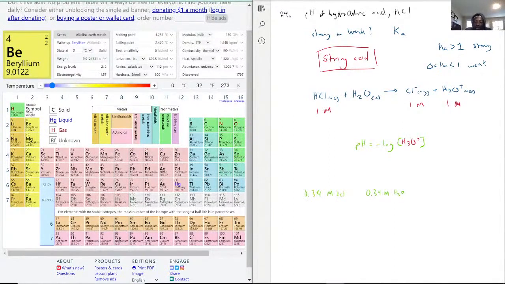Meaning that you can literally just plug this number into that equation over there, negative log of 0.34, and you get a pH of 0.47, just to be able to round. And you see that's actually a very low pH, which is fitting for this strong acid. It's just a 1-to-1 ratio, all the parts of it dissociated, hence how we got this pH right here.